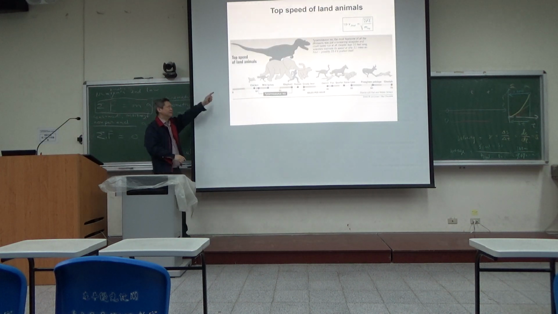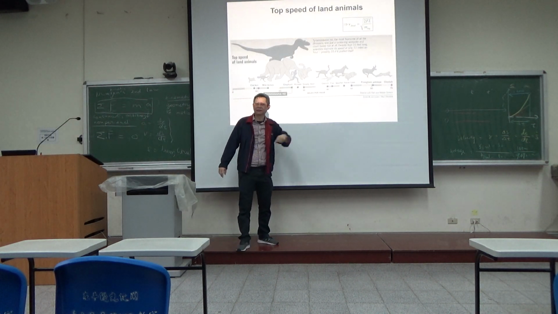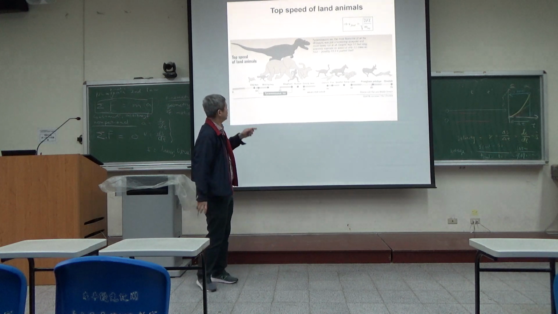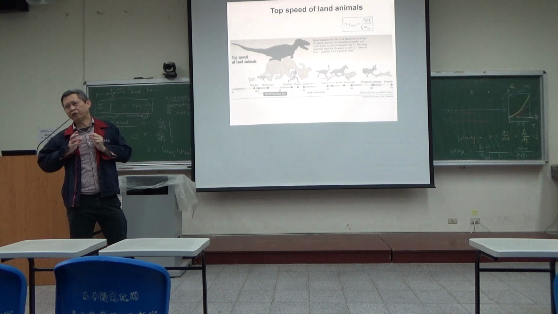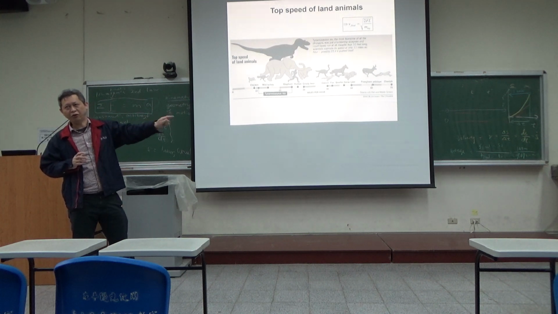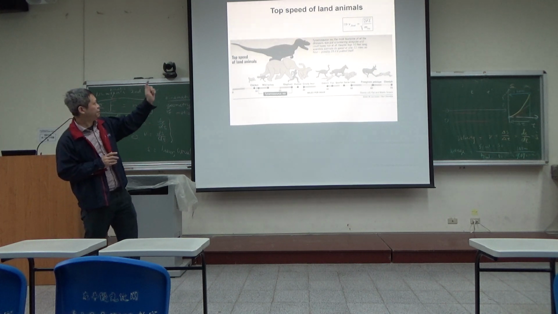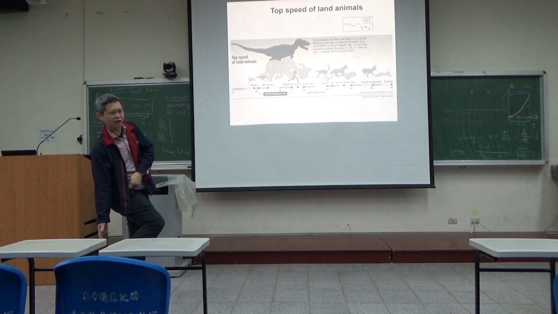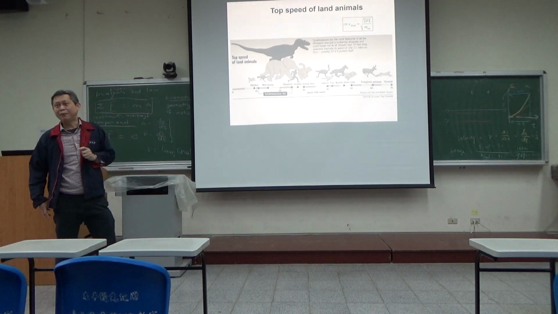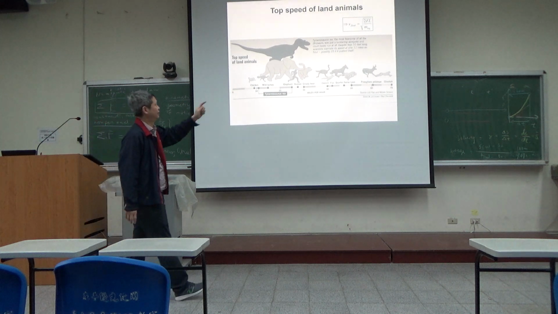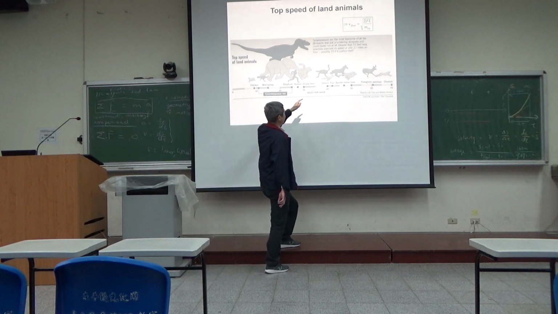What is the terminal speed of running? The terminal speed of running depends on your ground reaction force in the horizontal direction. It depends on the length of your stride, and it depends on your leg mass.